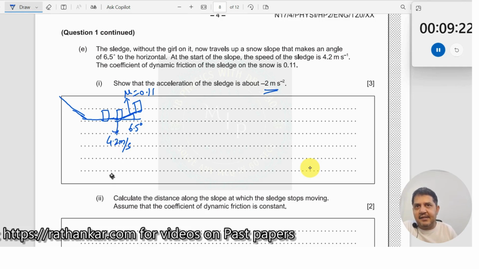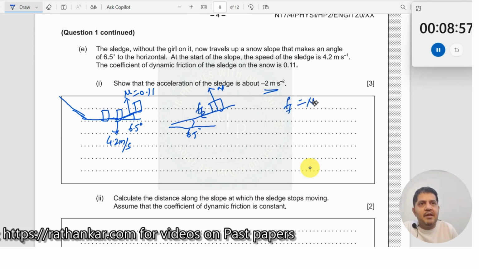So how do we solve this? What are the forces acting over here? The forces acting here are, see, this is your normal. Let me draw a separate figure to make it clearer. So this is my 6.5 degrees. This is the object over here, the sledge. This is your normal. Then this is your frictional force. First write down what the frictional force is.